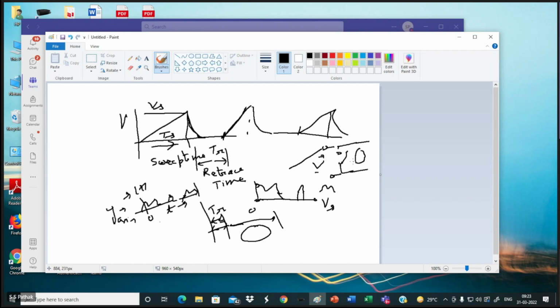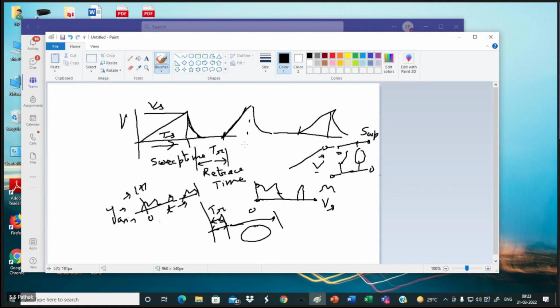When the switch is open, it is creating a sweep at this output. Here is my sweep. When the switch is open at this point, this device is giving me a sweep.